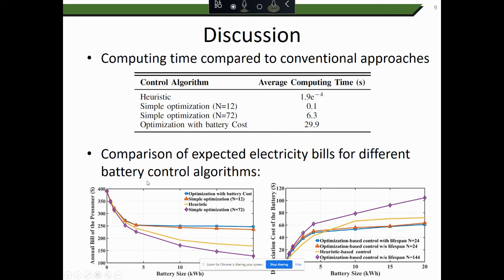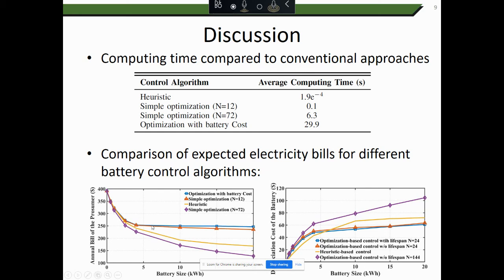And if we compare the results for electricity bills of households, because we were considering only residential batteries, we consider the benefits for the households using the 4 different control algorithms that are mentioned in the table. So here, the graph on the left, we did the computation for a whole year using different battery sizes, and we computed the bill for the consumer. And we see that in blue, this is the optimization.